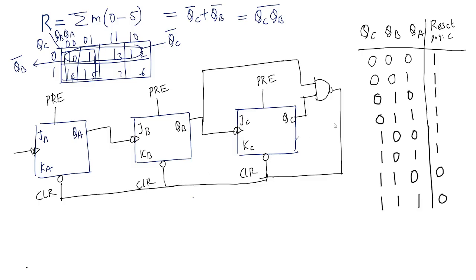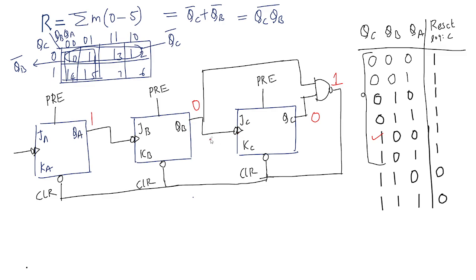Tell me one case from 0 to 5. 1, 0, 0. Okay. You told this state. So output is 1, 0, 0. When both are 0, 0, what is the output? 1, no? So 1 means clear will be active or deactive? Deactive. Deactive means normally it will count.